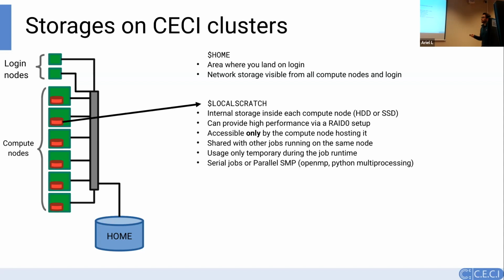This space can be used during your job runtime. When your job is scheduled on compute node 2, you will have an environment variable, which we will see later, called $LOCALSCRATCH, that points to a directory you can write to during your job runtime.